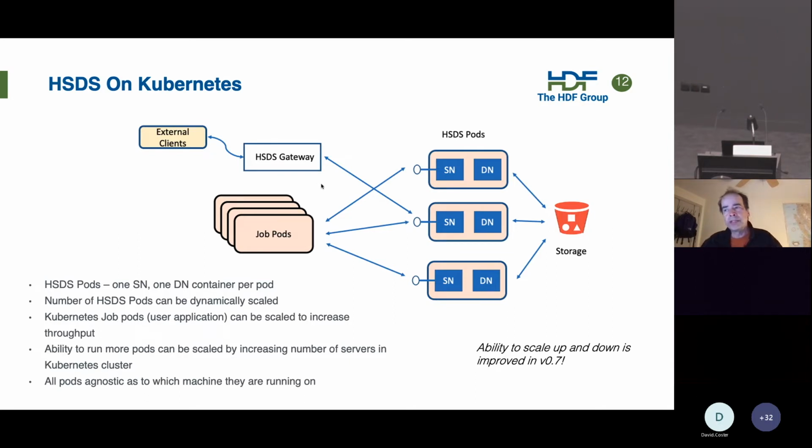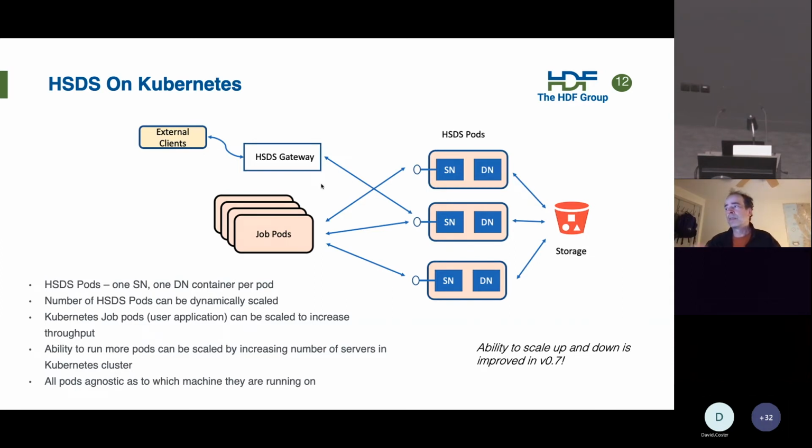The thing about Kubernetes is that you can deploy as many pods as you have capacity for in your cluster. So if I want to deploy 4 HSDS pods, it's fine. I can then change that, say, deploy 16 or 32. As long as I have capacity in terms of memory and CPU, I can deploy more pods. Now, if you need even more capacity, you can add more hosts to your cluster.